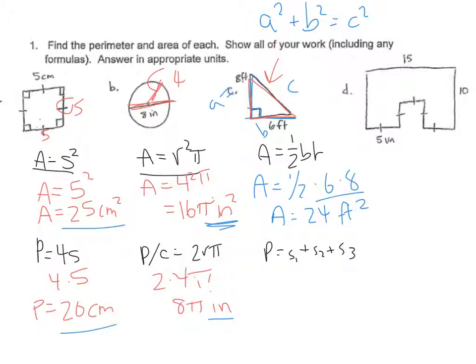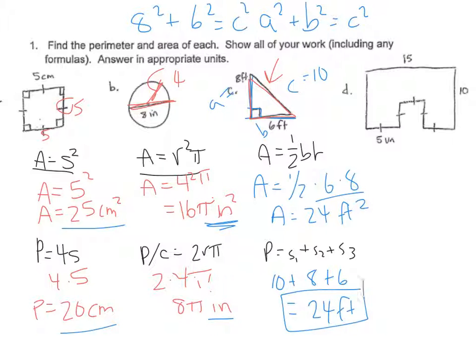So when I do 8 squared plus 6 squared, I get c squared. So c equals 10. Now I can do the perimeter. 10 plus 8 plus 6 is 24 feet. It's weird when the area and the perimeter are both the same.